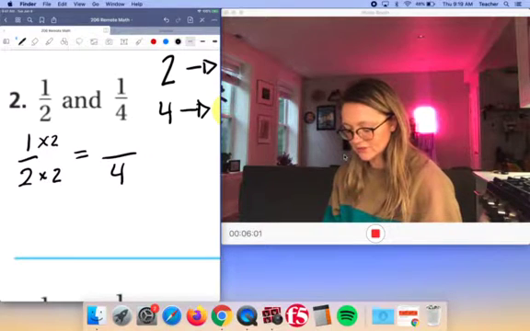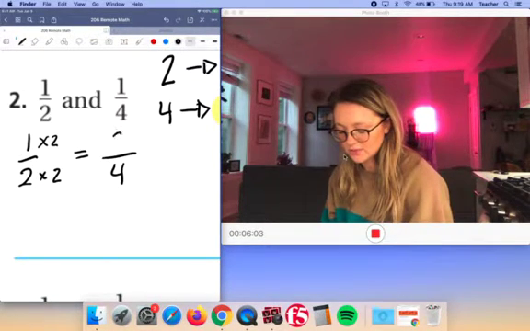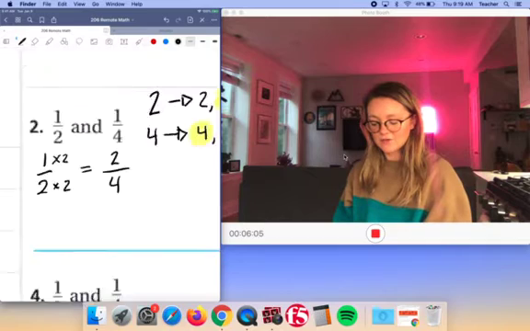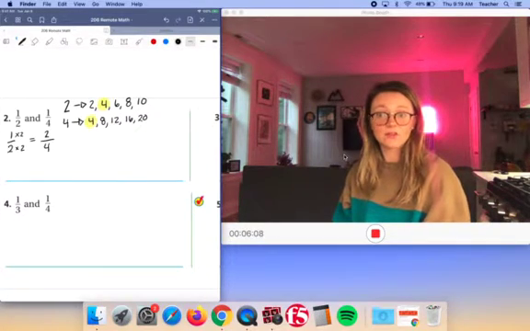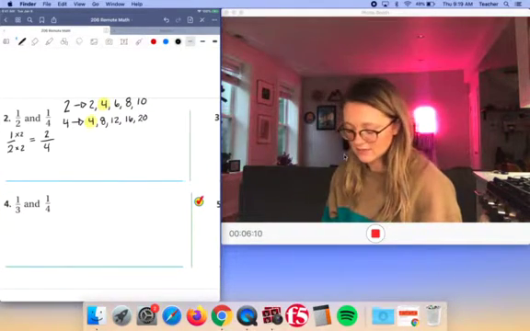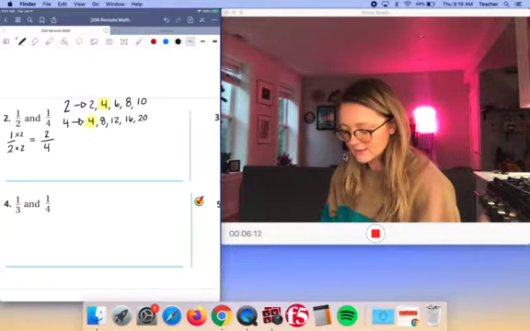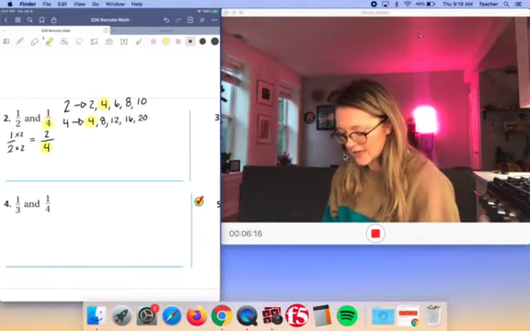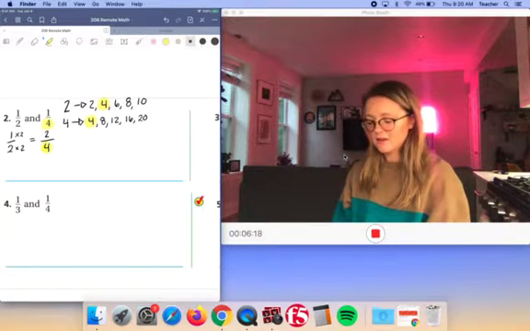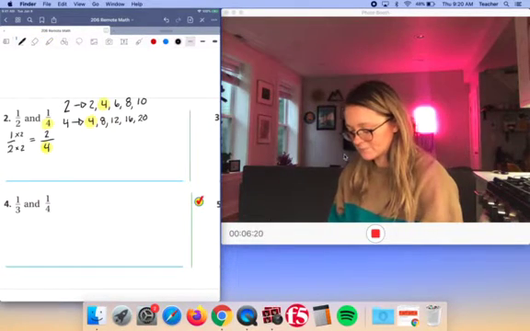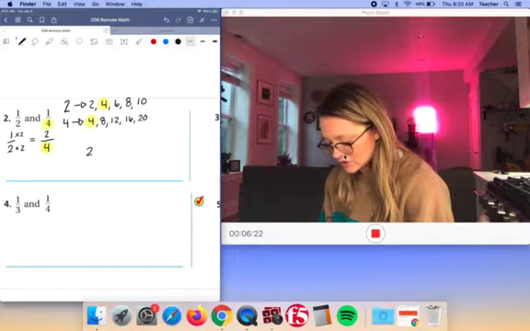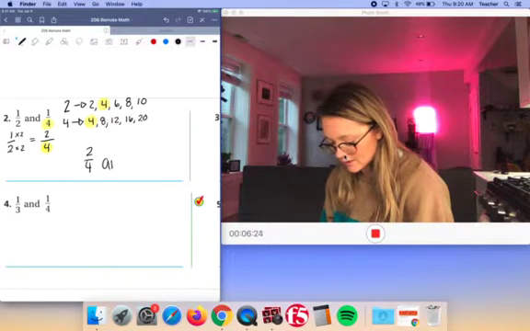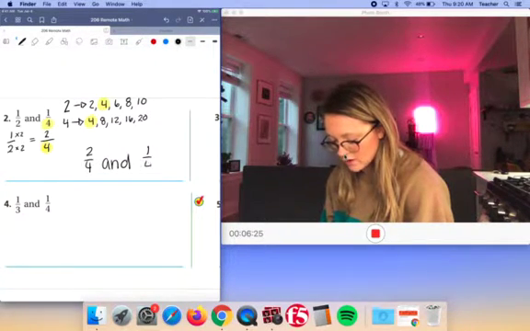So if I did 2 times 2 on the bottom, I'm going to do 1 times 2 on the top. So 1/2 equals 2/4. They're the same exact thing. And I have my common multiple of 4, and this one already has a common multiple of 4. So the answer to the question would be 2/4 and 1/4.